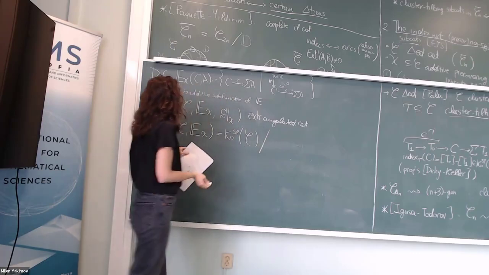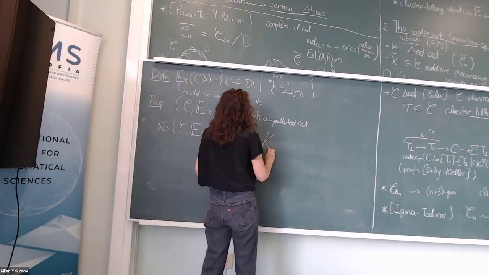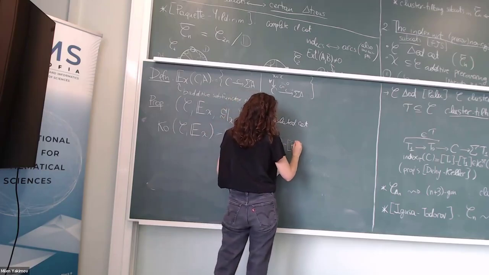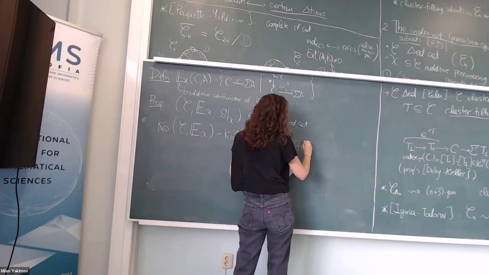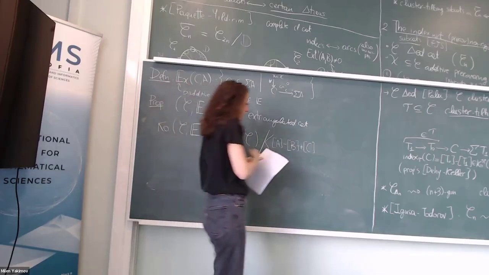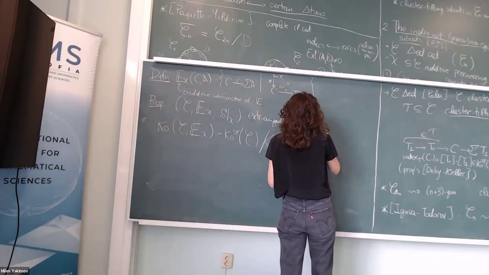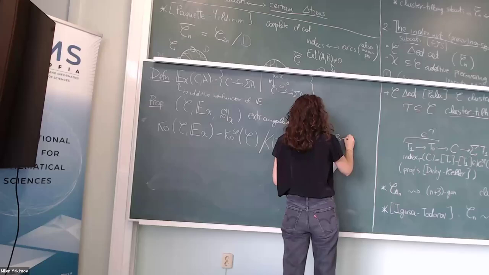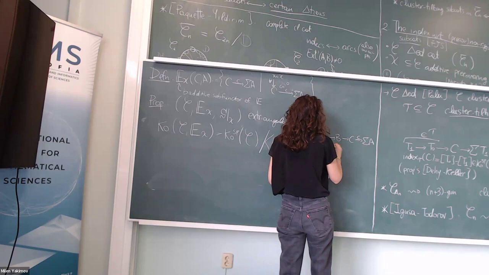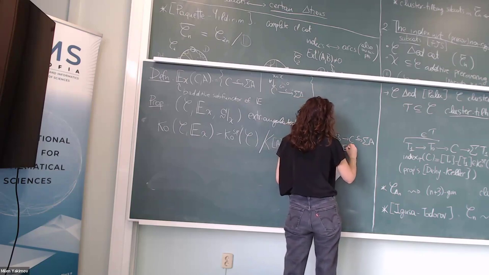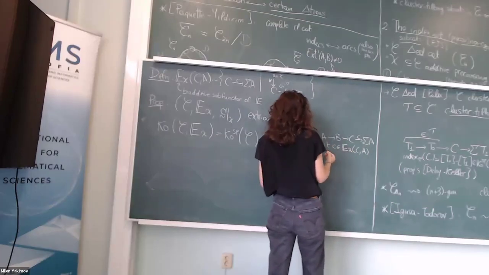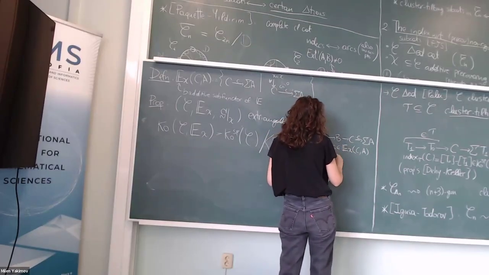You take the split Grothendieck group on C, and then you put one relation, not for each triangle in your category, but for each triangle that you're saving in this construction. So you put one relation for each triangle such that C is in E_X. And we sometimes call them E_X triangles.